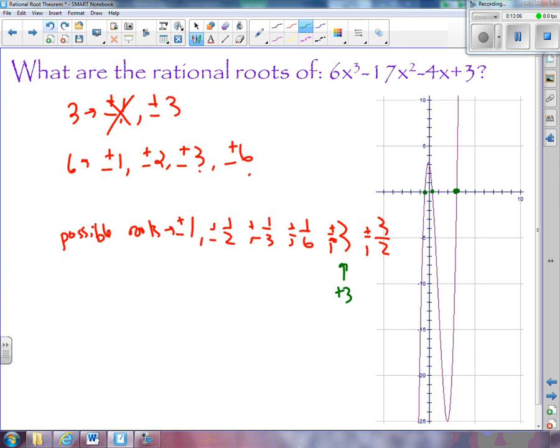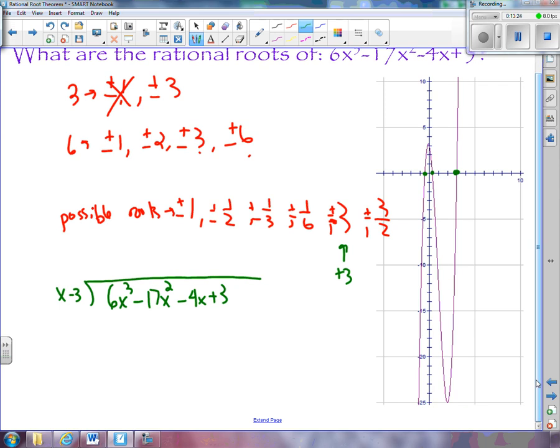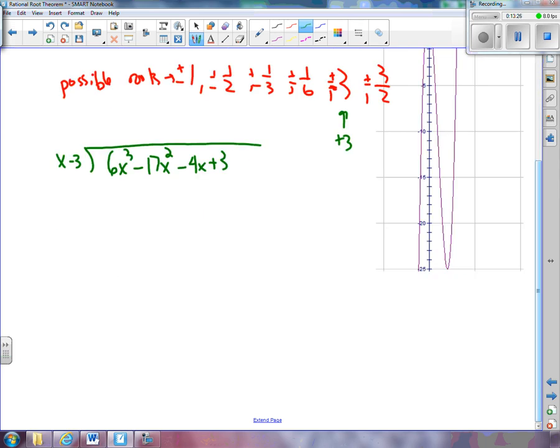Now that you know that 3 works, you can take x minus 3 and divide it into your polynomial. So let's say x minus 3 and divide it into 6x cubed minus 17x squared minus 4x plus 3. Let's see what we get. I would suggest that you do this using the synthetic method.